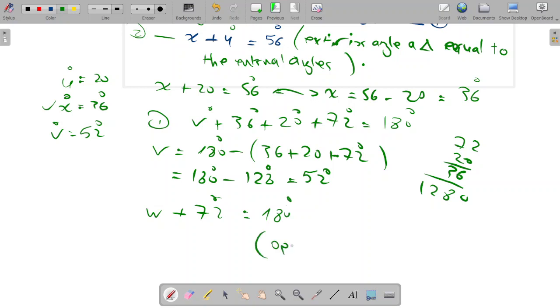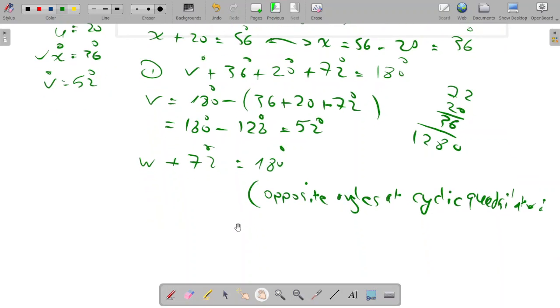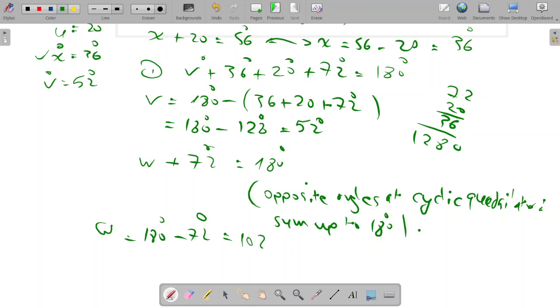Because opposite angles in a cyclic quadrilateral sum up to 180 degrees. So W is going to be equal to 180 minus 72 degrees, which means it's going to be equal to 108 degrees.